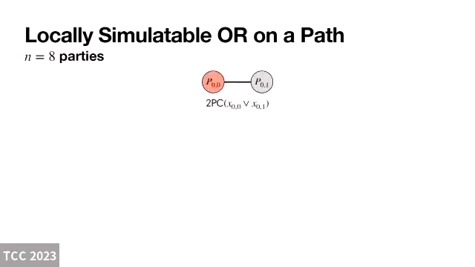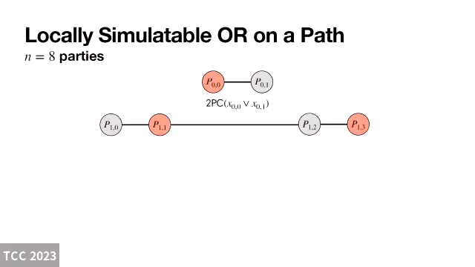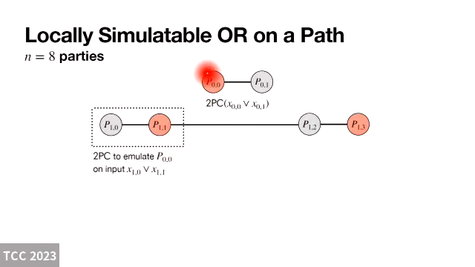So if you have 2 parties, then it's easy. We can just run a 2PC directly between these 2 parties. If we have 4, I claim that we can still do this. And what we'll do is for the 2 parties on the left, we'll use a 2PC to emulate this P00 protocol, party in this protocol on input X10 or X11.